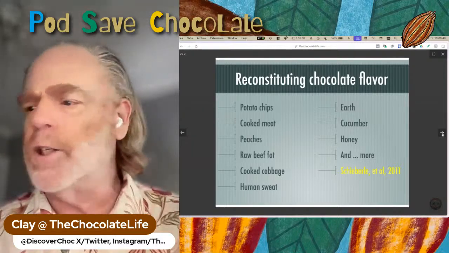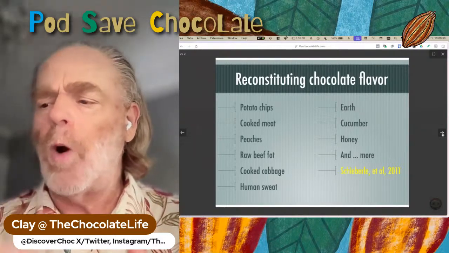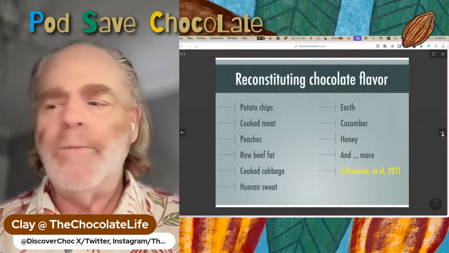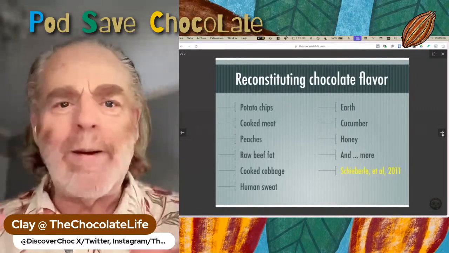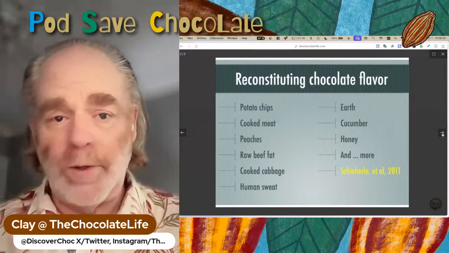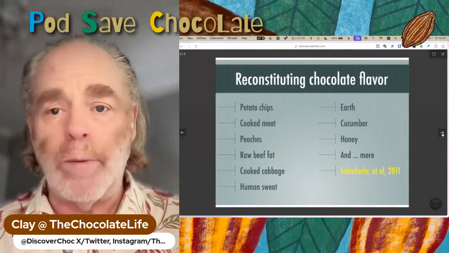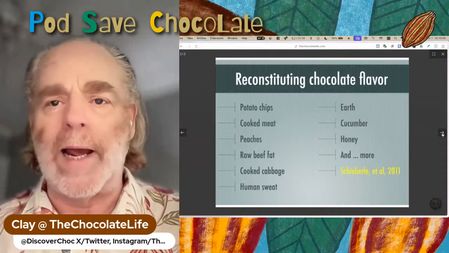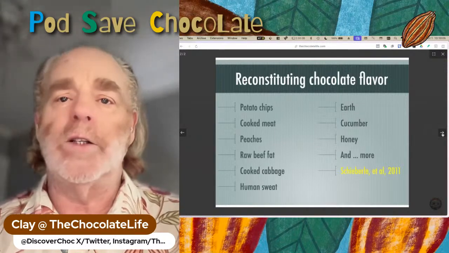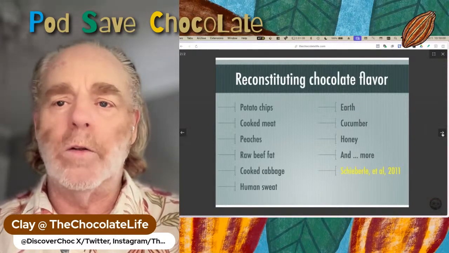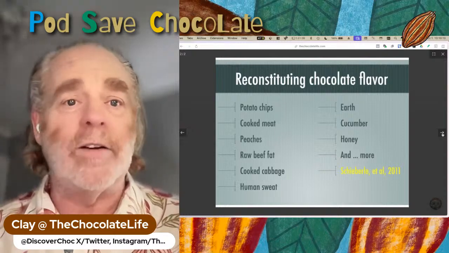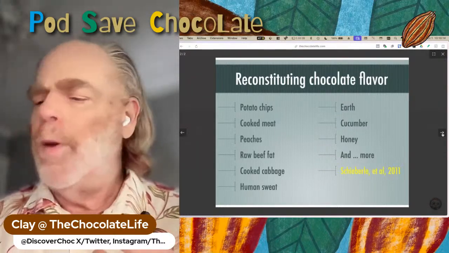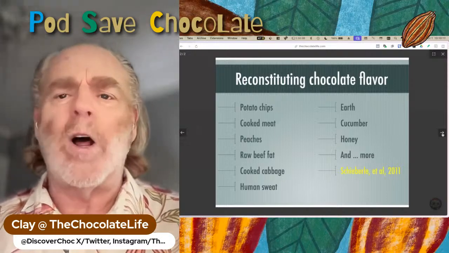Peaches add some fruitiness to it. A raw beef fat, cooked cabbage, human sweat, a cucumber. So we can think about chocolate flavor not just in terms of the individual chemical components, but in terms of more complex groupings of flavors or chemicals that we can identify as individual flavors. And so, you might think of human sweat, what is that all about?